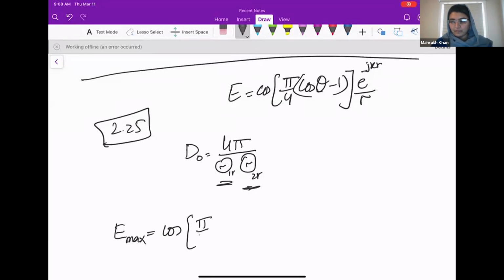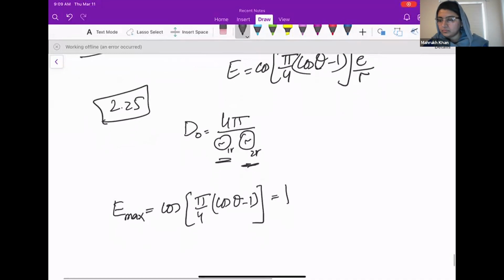So you can get rid of r, and it should be 1. It has cos in it, which suggests, I mean, what type of pattern is this? Is it omnidirectional or is it directional?